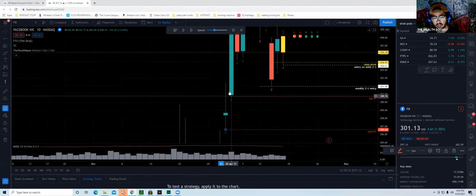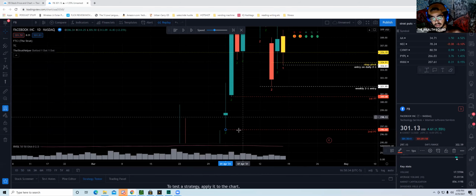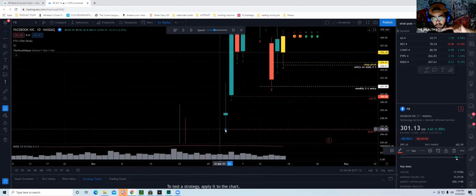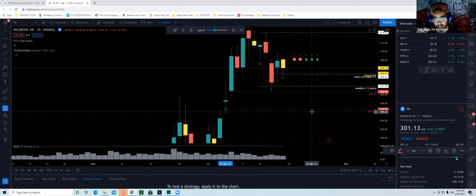On this candle, if I was long and I'm saying I'm bullish, which is what long means, bullish, I might naturally put my stop loss at the bottom of this candle. So that's why it's a pivot, because pivots are places where people tend to put their stop loss, which is usually the bottom of the candle if they're long, and if they're short, if they're bearish, it's the top of the candle.